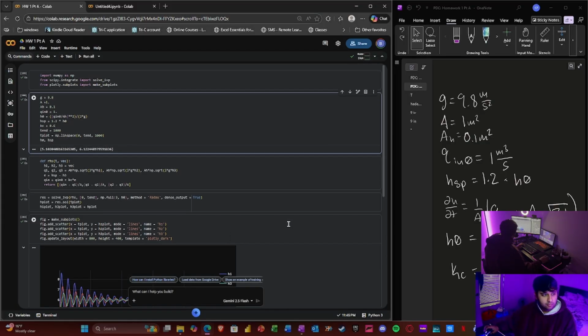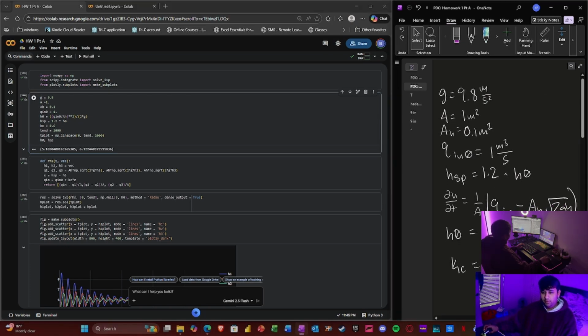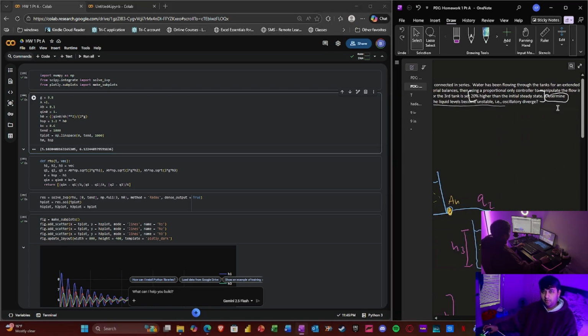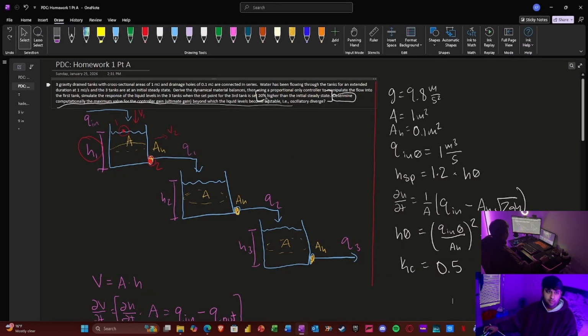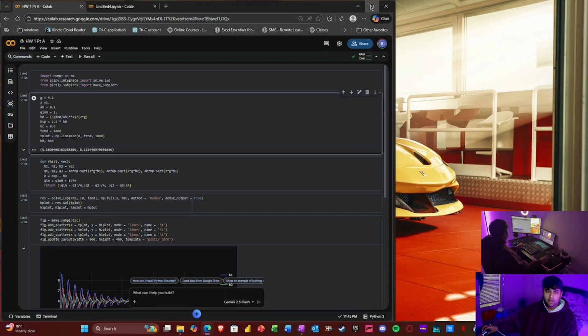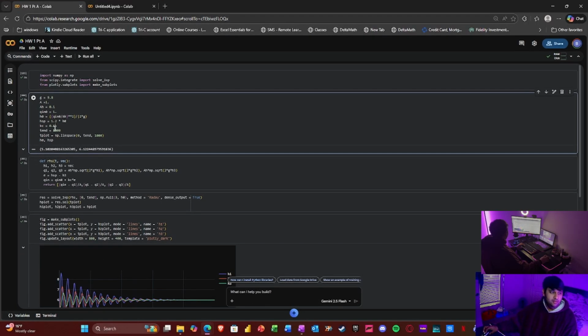So with that said, let me go to our problem statement here. Essentially what we're looking for is determining computationally the maximum value for the controller gain beyond which the liquid levels become unstable, and controller gain is this KC value.